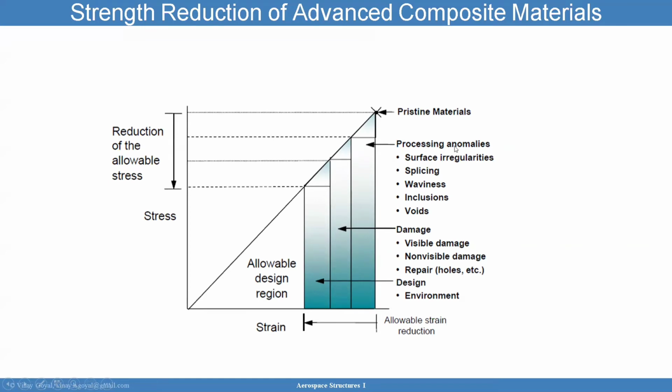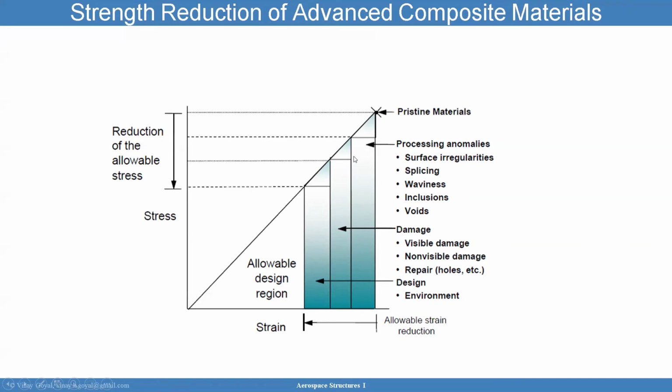And then when I have processing anomalies, say surface irregularities, splicing, waviness in the composite, inclusions and voids, I want my allowable to take account of that. You can see here that these processing anomalies will further bring the strength down by some percentage.